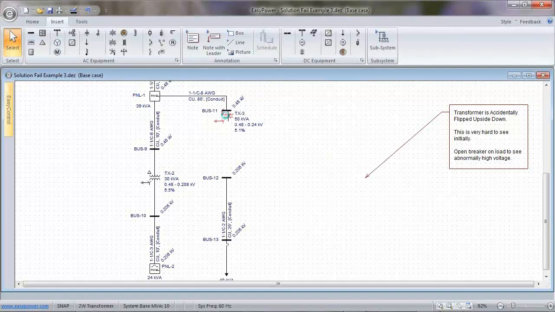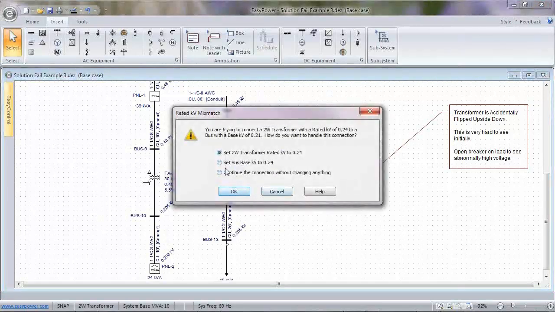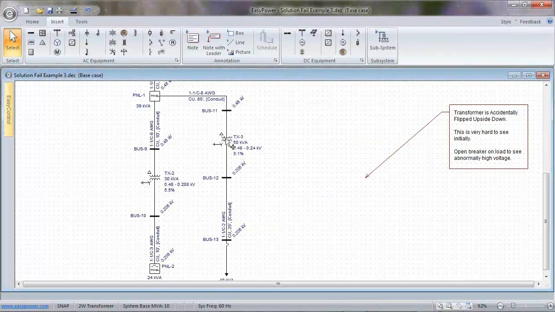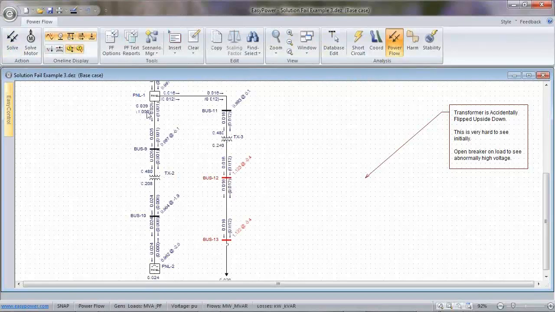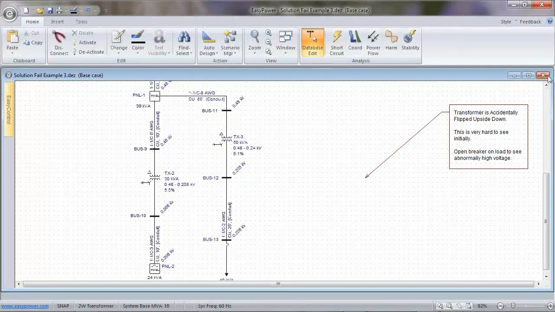I'd whack it, bring it up, put the new one in, and say continue, because it doesn't like that 208 versus 2.4. And I agree. I don't know why that's 2.4. It should be 208, but someone put in 2.4 or 0.24. And if you go to the Powerflow and solve, you get that same answer. The voltage is just a little bit high. Very interesting case to look at.